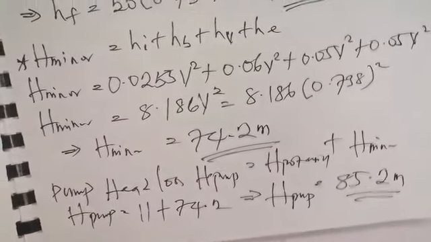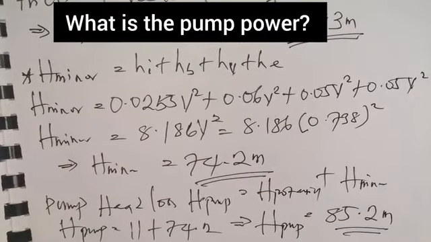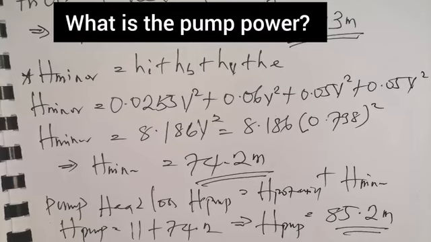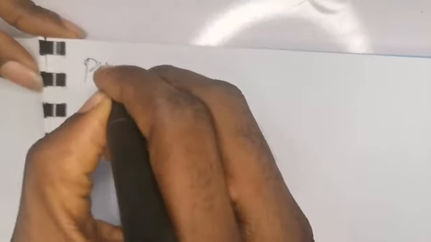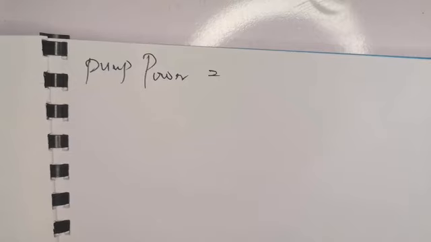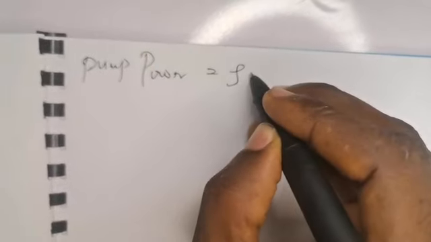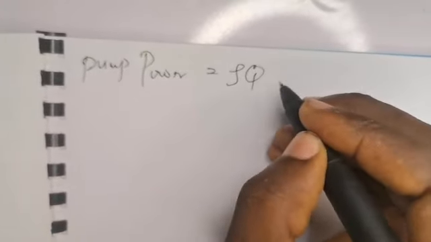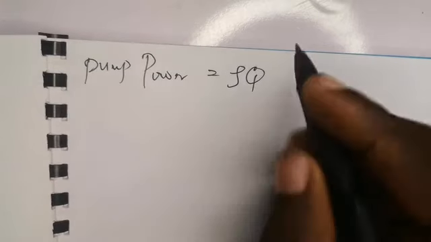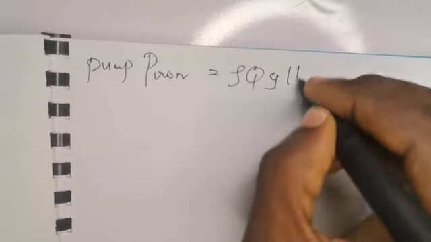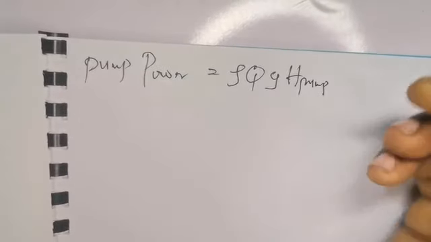Now the final question says we should find the pump power. To find the pump power, we simply make use of the equation: density times the discharge times gravity times the pump head loss.